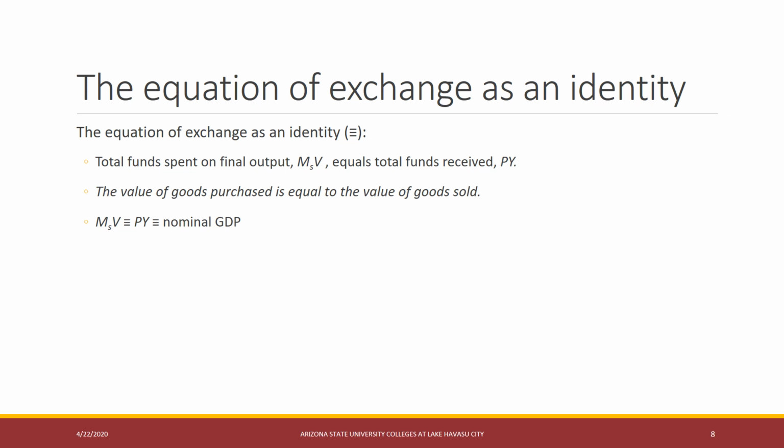The value of goods purchased is equal to the value of goods sold. If Y represents the real GDP and P is the price level, PY equals the dollar value of the national output of the goods and services, or we can say the nominal GDP. Thus, MSV is an identity, that is PY, that is identical to the nominal GDP.